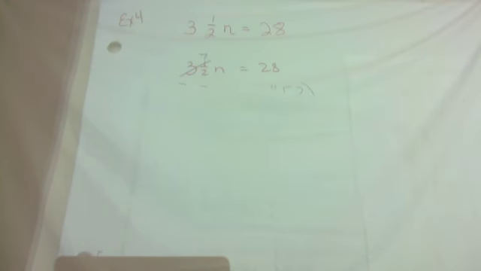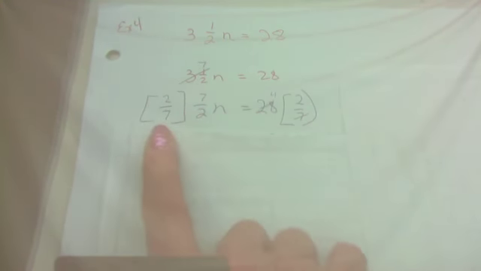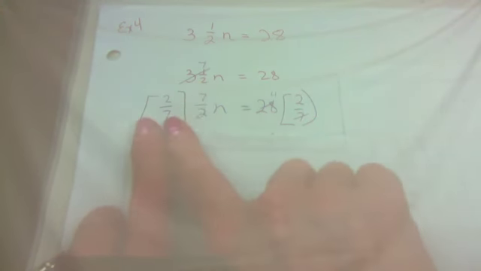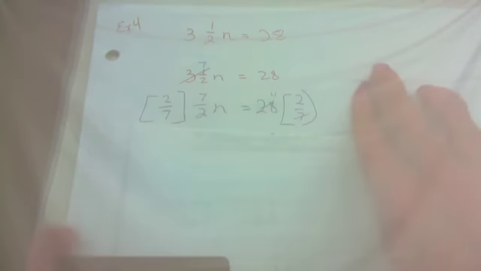Now, I'm sure you all know what to do. You have 7 halves. You want to get rid of 7 halves. So you're going to multiply by 2/7. If I multiply this side by 2/7, I've got to multiply this side by 2/7. This simplifies out. The 7's are gone. The 2's are gone. They all turn into a 1, so I have 1n.